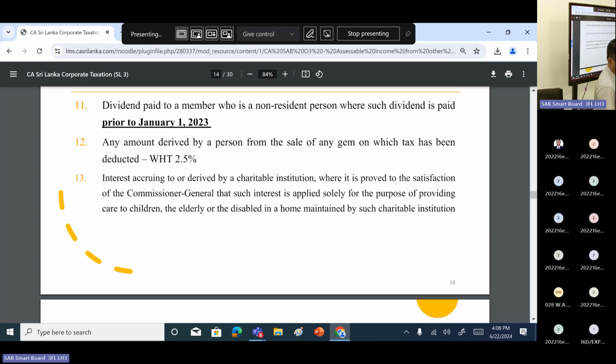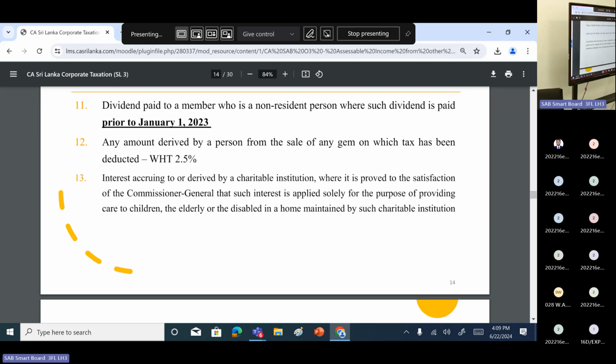So, charitable institution, you know that under the definition, a charitable institution also comes in the category of person. Right? If the charitable institution has taxable income or final electronic payment, then they are liable for tax in Sri Lanka. But it says interest to a charitable institution, if they prove that particular interest income is used for the charity purpose, then that interest is also exempt.